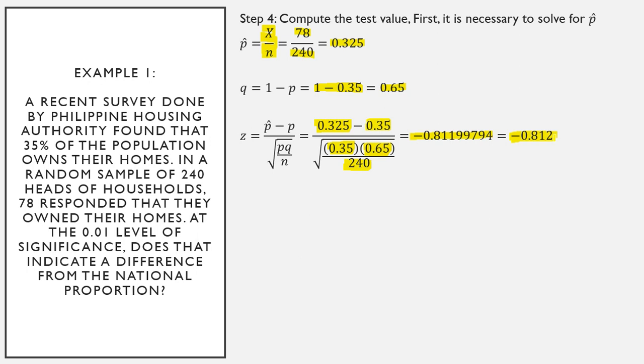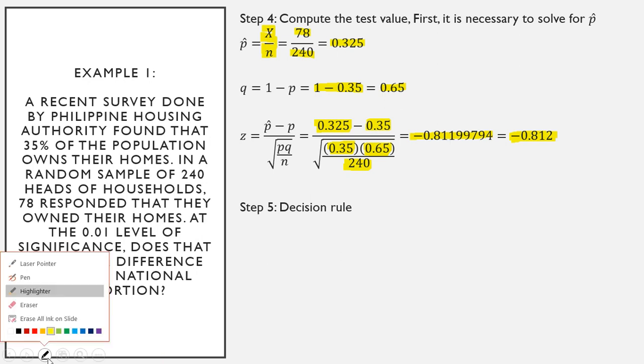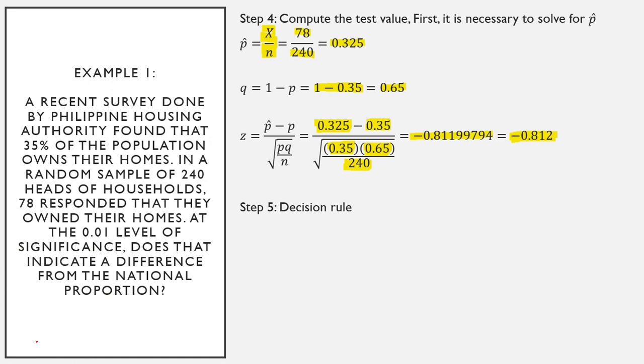We will be proceeding on step number 5, which is decision making na po tayo. Okay? So, syempre, once po na magde-decide tayo, it is very important, okay, for us to illustrate first, okay, the movement of the normal curve para alam natin kung saan po ba yung hati ng non-critical region and then ng critical region po. Okay?